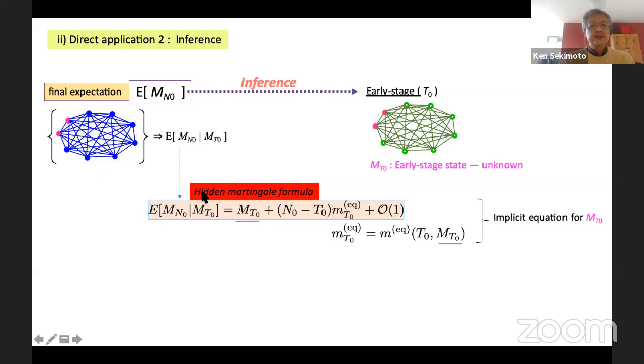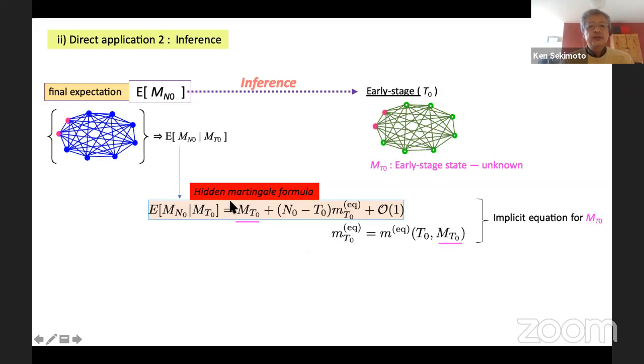Now, if we use the hidden Martingale formula in the red box, the solution is instantaneous. In this formula, the mean equilibrium spin of the unfrozen spins at the early stage is a function of the unknown frozen spin.